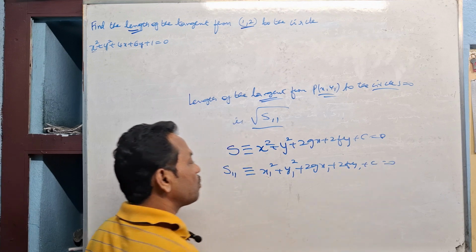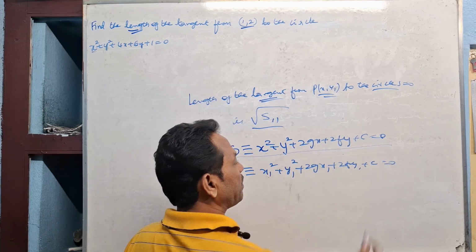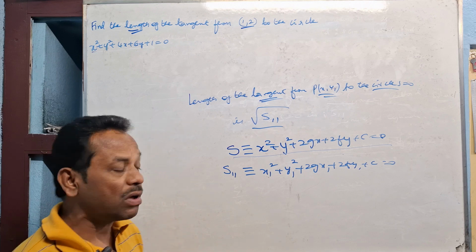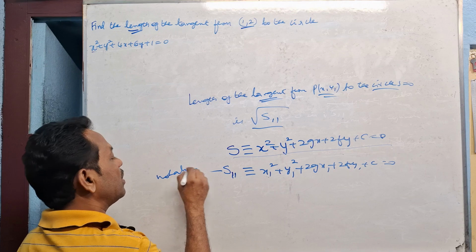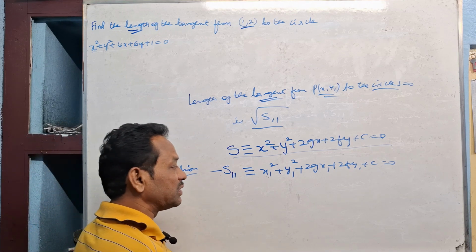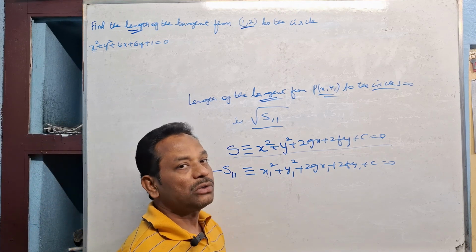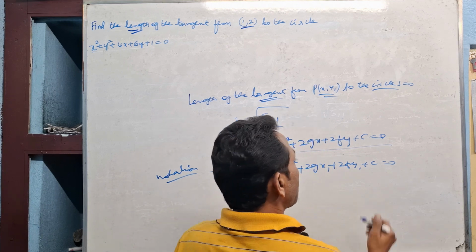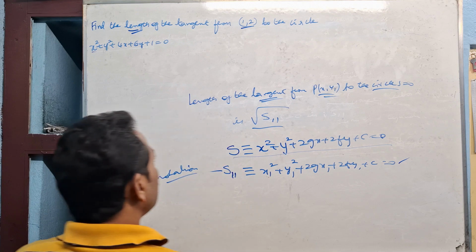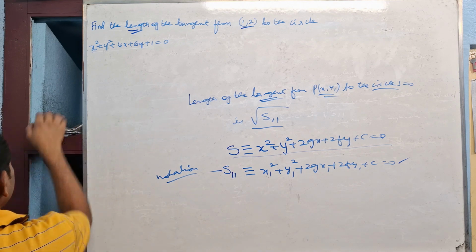So if s equal to x square plus y square plus 2gx plus 2fy plus c equal 0, then s11, this we call the notation, is nothing but x1 square plus y1 square plus 2gx1 plus 2fy1 plus c. Now I'll be using this formula here to get the length of the tangent.